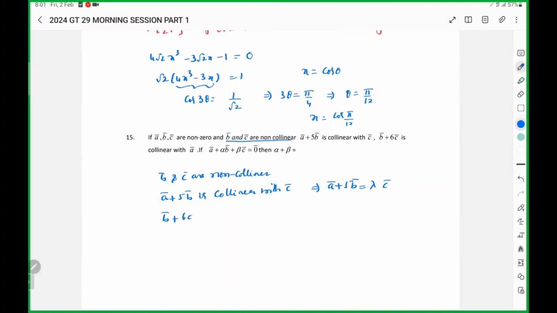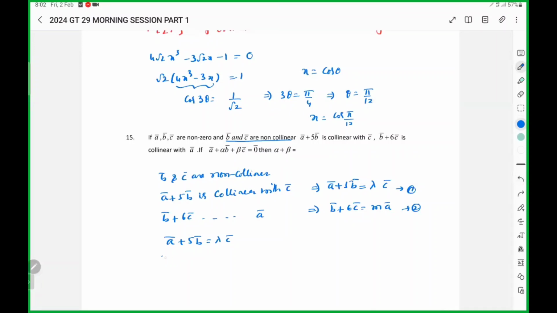B bar plus 6C bar is collinear with A bar, so B plus 6C will be, say, m A bar. So A bar plus 5B bar is lambda C bar. Here it is 5B bar plus 30C bar equals 5m A bar. So B and C are not collinear. Let us cancel A bar.